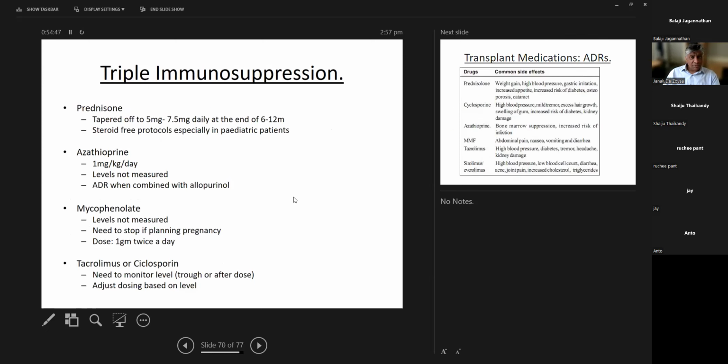And so typically we will start with high-dose corticosteroids, and start to wean that so that at the end of 12 months, patients are on 7.5 or occasionally 5 milligrams of prednisone. Typically, we'll use mycophenolate as our anti-proliferative agent, or azathioprine if people can't tolerate mycophenolate, typically using a dose of 1 gram twice a day, or 1 to 2 mg per kilogram per day of azathioprine.